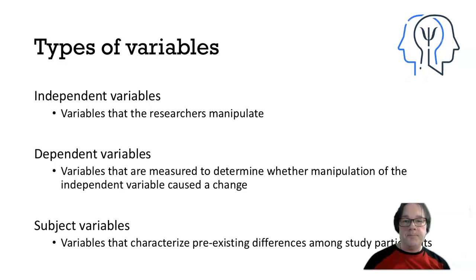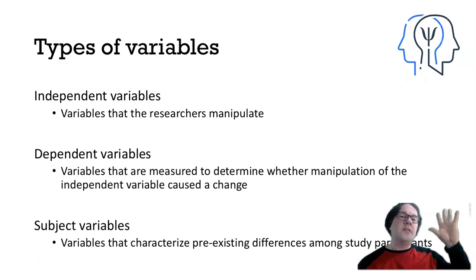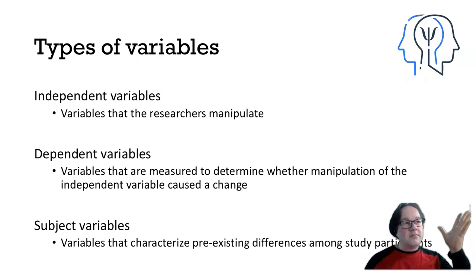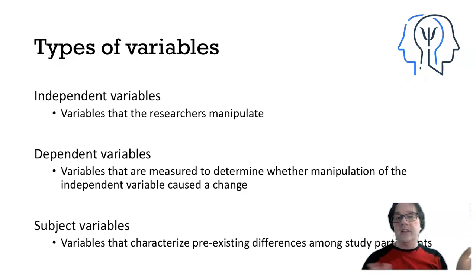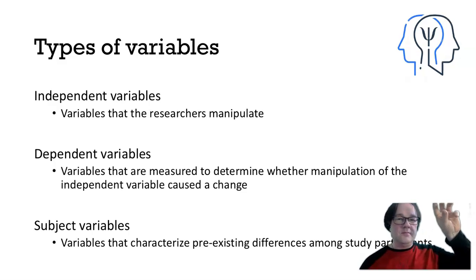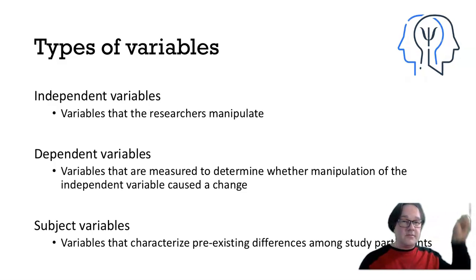So going back to our depression example there, does giving somebody Prozac, right, that's something I'm manipulating. I'm going to give half the people Prozac, half the people are not going to get anything. If I manipulate this variable, is it going to affect their depression, right?